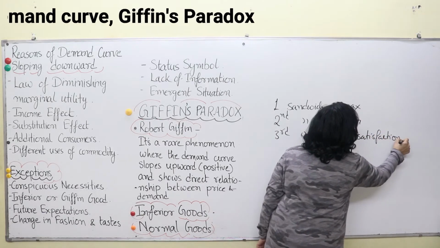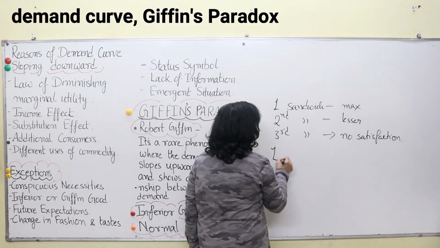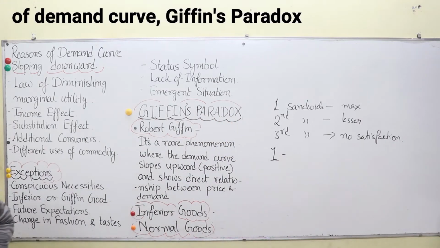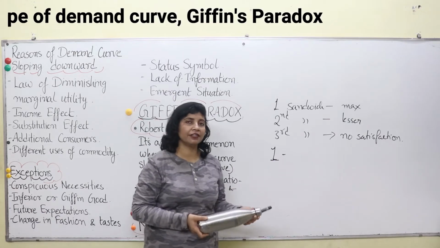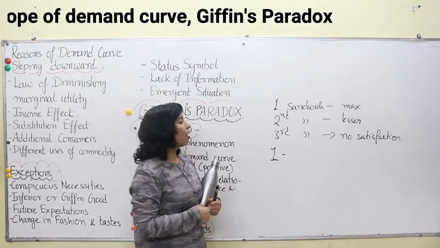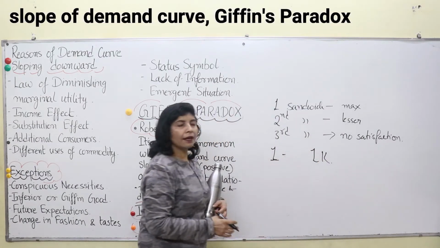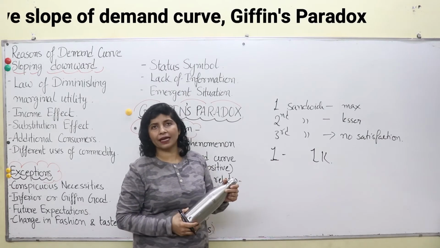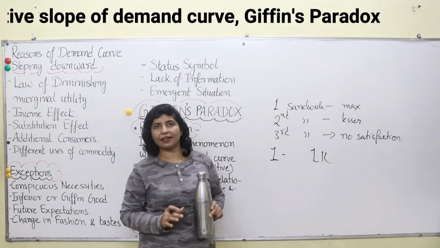In the same manner, when you purchase commodities, for the first commodity you are ready to pay a very high price. Take for example this bottle of wine. In India it normally costs you 1000 to 1500 rupees. So I am ready to pay 1000 rupees for this bottle. But if I am offered another bottle at the same price, I won't take it. Why? Because I already have this bottle and I am satisfied with it.